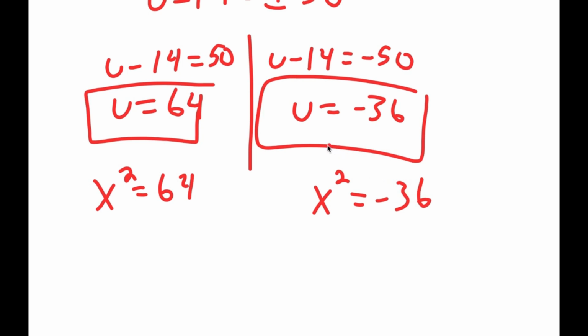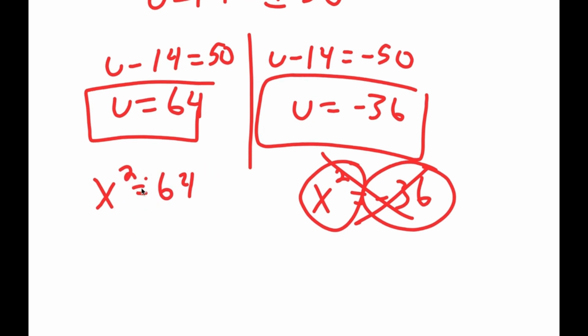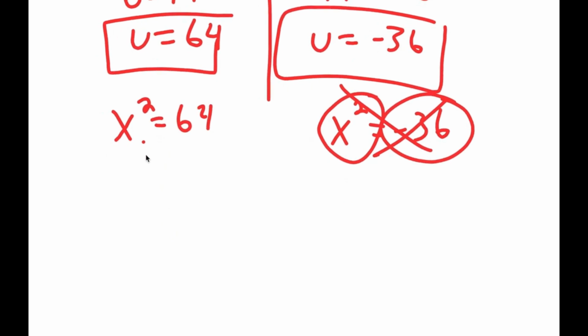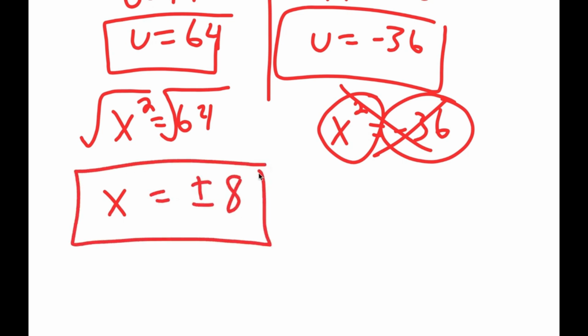Well, we can't have a number squared equal to a negative number, so this is wrong, meaning that x squared equals 64 is my only proper equation, and if I take the square root on both sides, I get x is equal to positive or negative 8. So these are my two solutions to this problem.